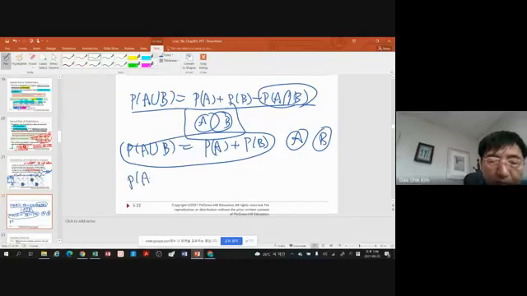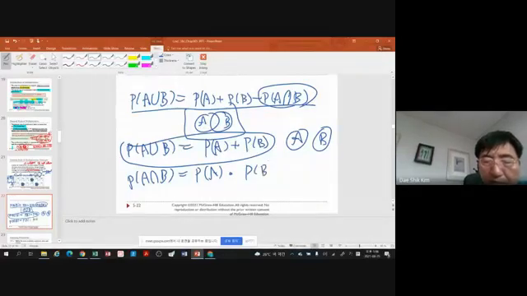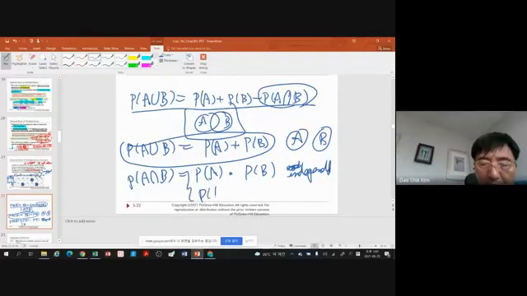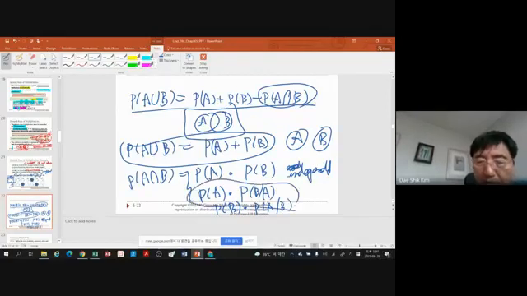P(A and B) will be equal to P(A) times P(B) if they are independent. If they are not independent, it is P(A) times P(B given A), or P(B) times P(A given B). You can use either one if they are dependent.